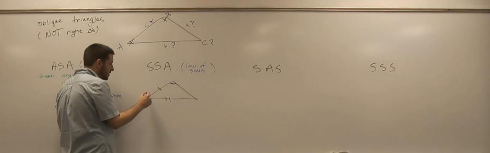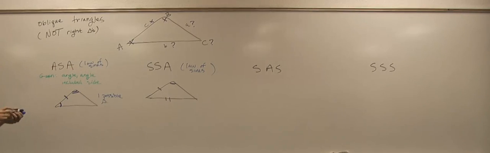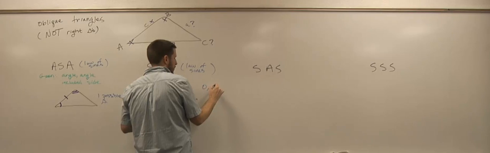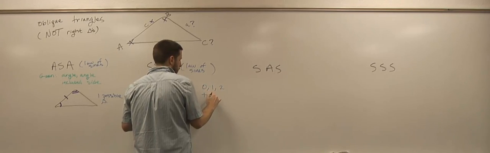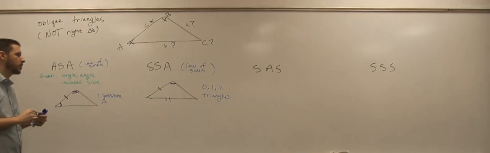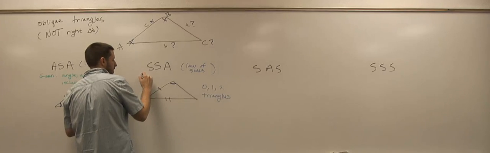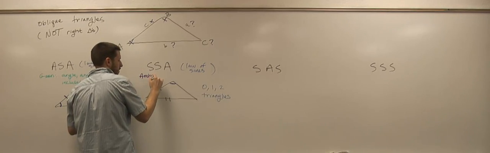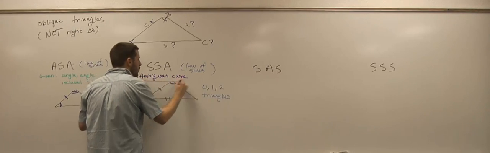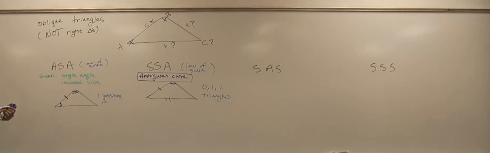And what happens here is, depending on the information you're given, you can actually get multiple triangles. This is what's called the ambiguous case, because you don't know how many triangles you get until you start actually doing the work.